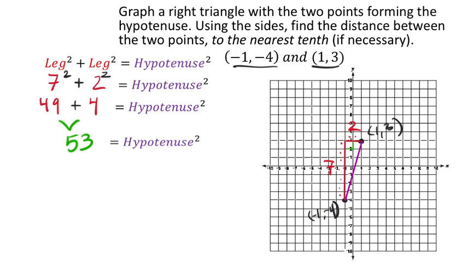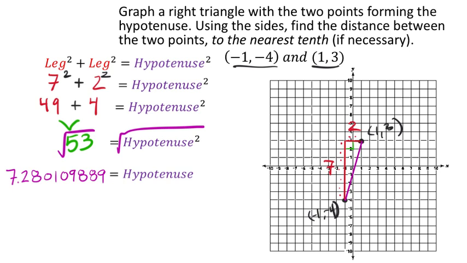If you were to look at the hypotenuse, we want just the side length of the hypotenuse. So at this point, I'm going to take the square root of both sides. And that is going to give me the hypotenuse, just the hypotenuse, not the hypotenuse as a square. And this is the number that I get. Okay, now that decimal, it's large. Not that that really matters. But what I want to do at this point is round to the nearest tenth.